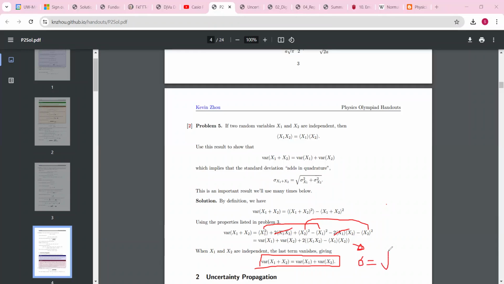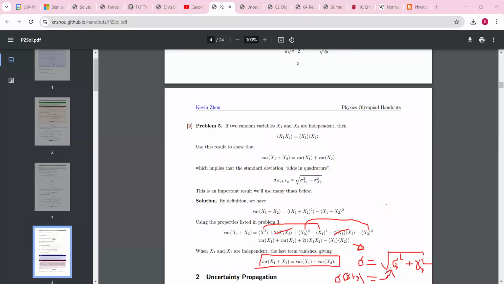Which means sigma x squared plus sigma y squared. The standard deviation of this, which is sigma of x plus y, is basically equal to this.